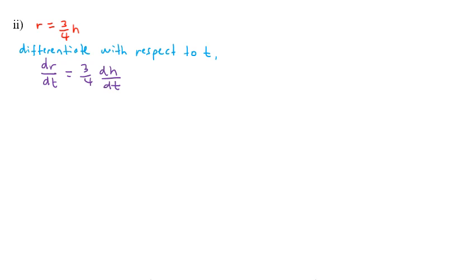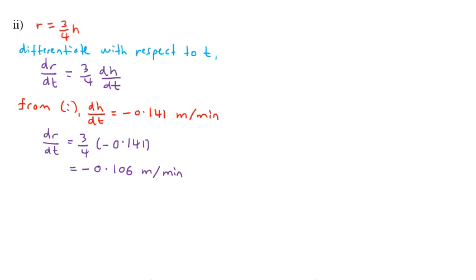And then from the previous question, we already found the dH/dt, right? That is negative 0.141. So we just substitute that dH/dt, then we can straight away find our dr/dt. Okay, see, very simple. So we got dr/dt negative 0.106 meter per minute.